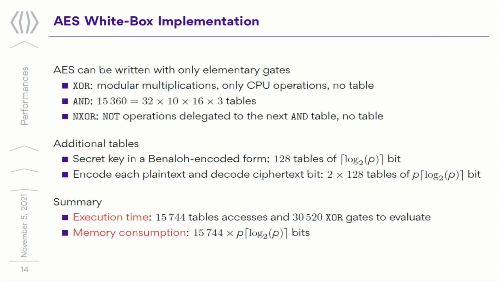Indeed, whatever the size of P, there are around 15,000 table accesses and around 30,000 XOR gates to evaluate, and so only 30,000 modular multiplications. Only the memory consumption, of course, depends on P.